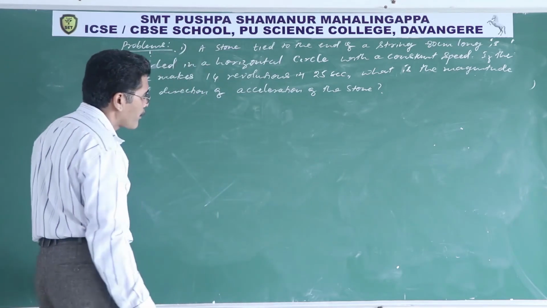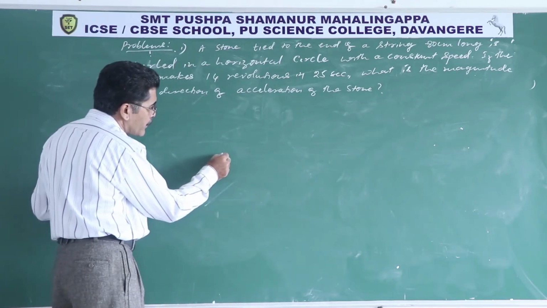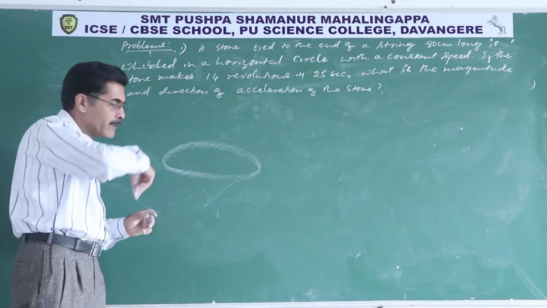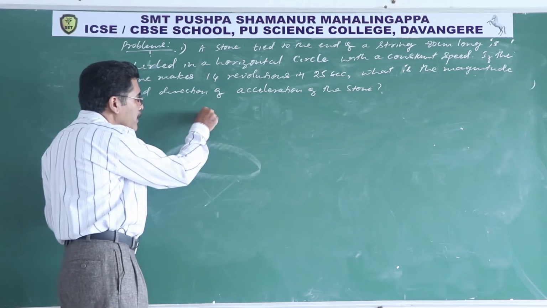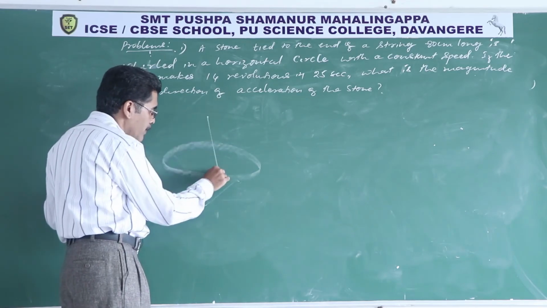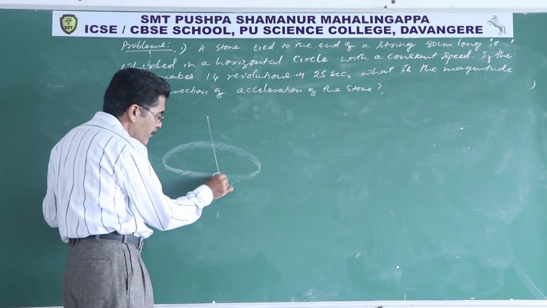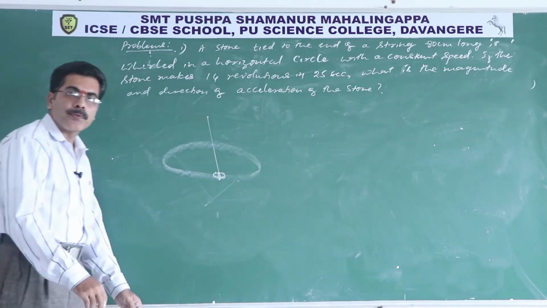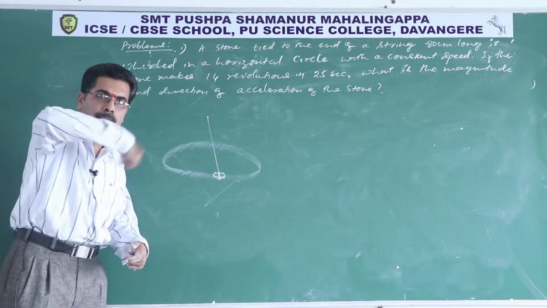Here the stone is whirled like this. There is a string attached to the stone, and the stone is making circular motion in a horizontal circle. This is called whirling.